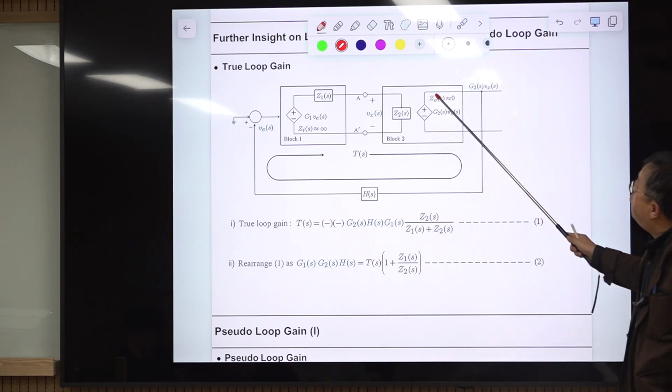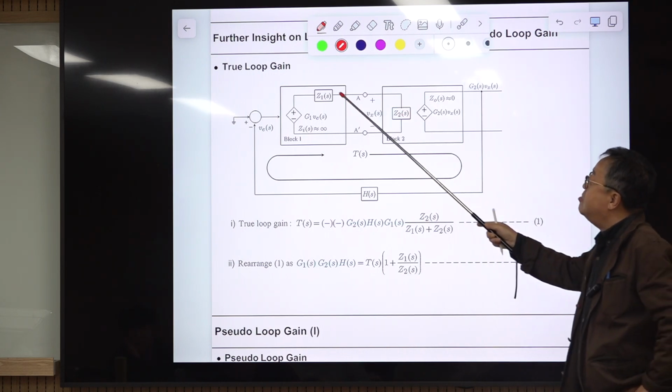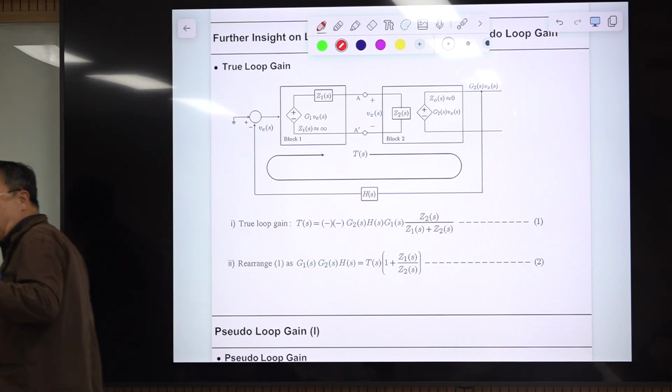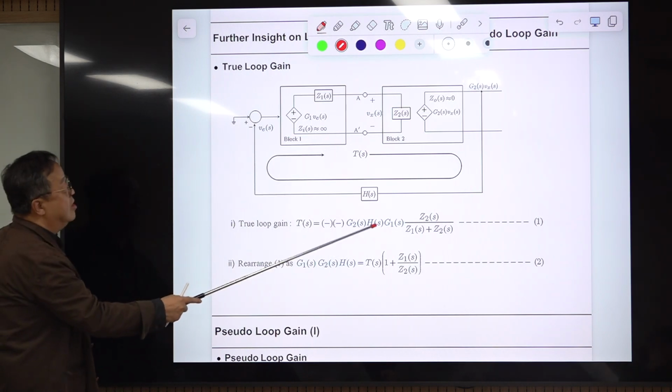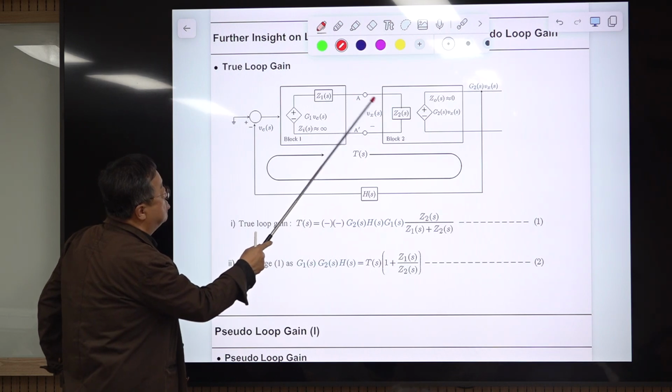This might be true for the op-amp-based compensation, where the input impedance is very large. And this might be true for our PWM converter: the input impedance of a PWM converter is very large, close to that. Then this assumption is valid. So you start here.